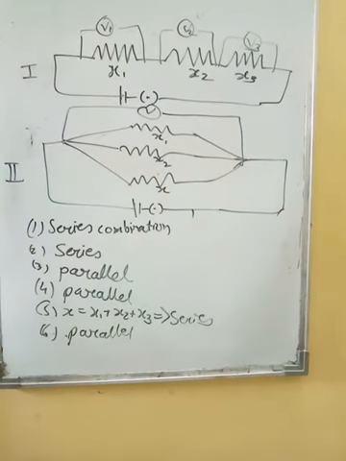Now let's go towards the sums. The resistance of 1 meter long nichrome wire is 6 ohm. If we reduce the length of wire to 70 centimeter, what will be its resistance? So let us write down the data.